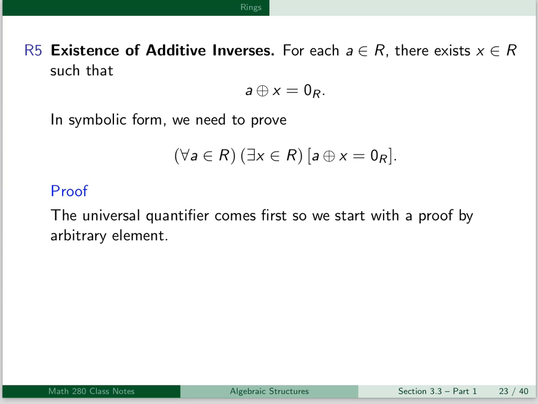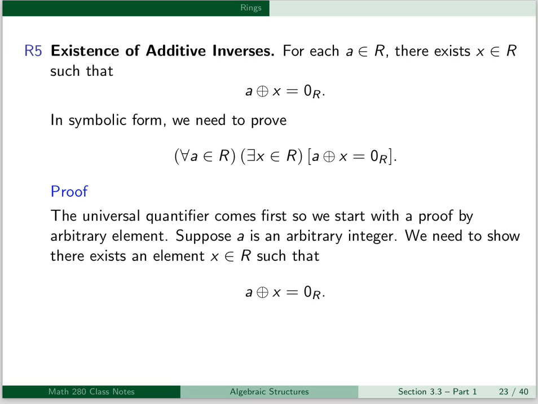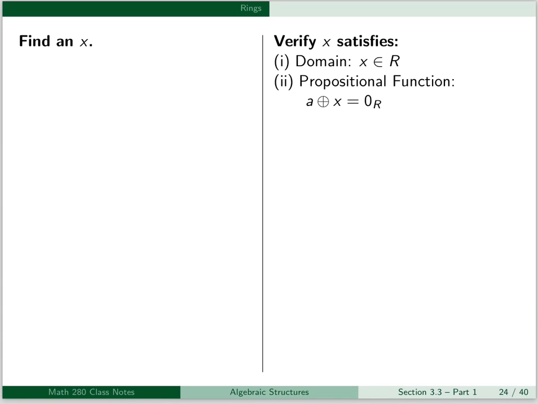The universal quantifier comes first, so we start with the proof by arbitrary element. So we suppose a is an arbitrary integer in R, and we need to show there exists an element x in R such that a circle plus x is equal to 0 sub r. So now we start an existential proof, and we need to find an x and then verify that x satisfies the two conditions.